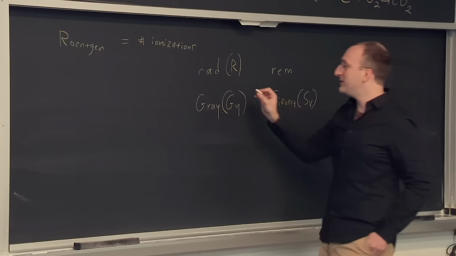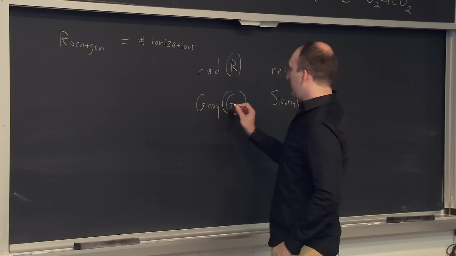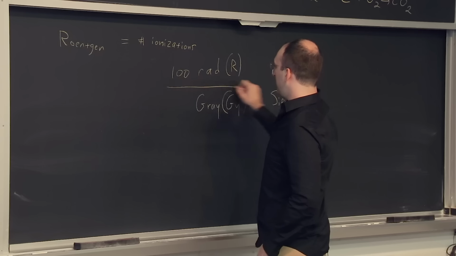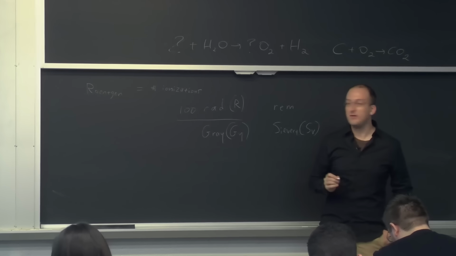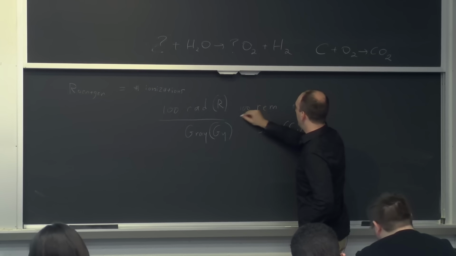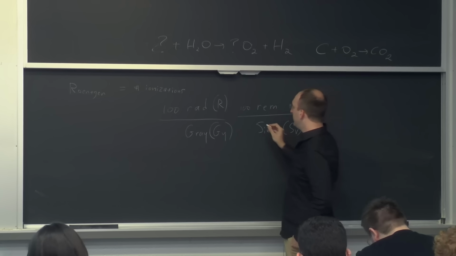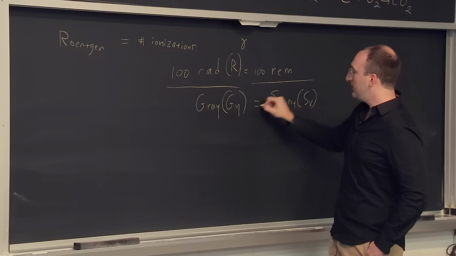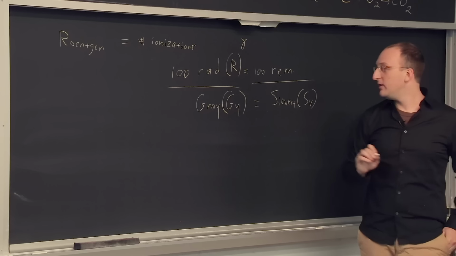So a rad is simple. 100 rads is the same as 1 gray. And 100 rem is the same as 1 sievert. And for the case of gamma radiation, these units are actually equal.